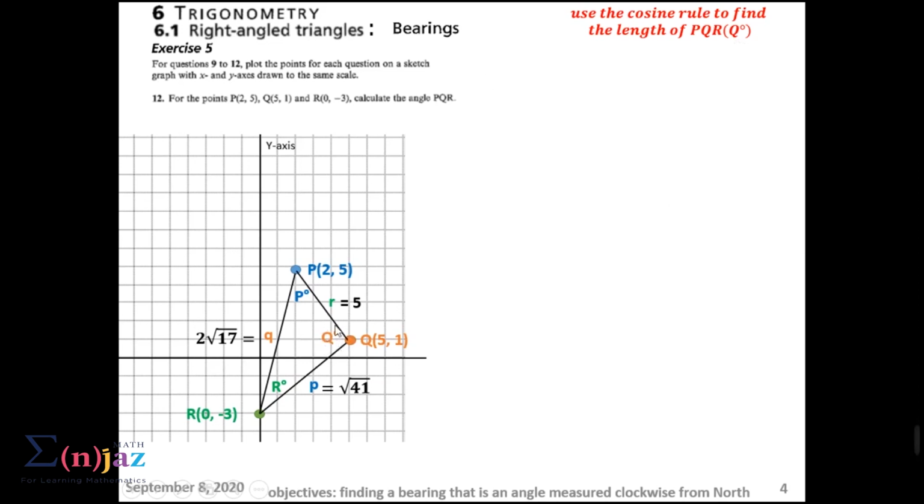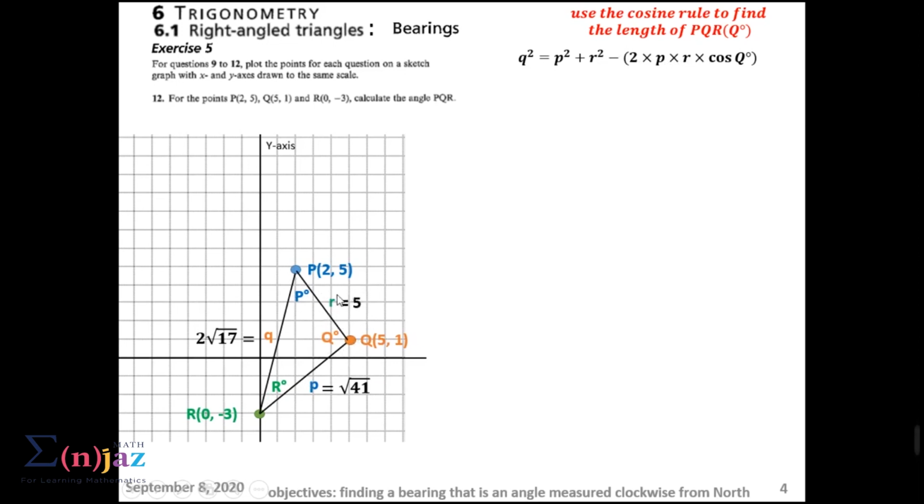Since we're finding Q capital, we're going to start our formula by writing Q squared. We start with the opposite side to Q. So Q squared is equal to P squared plus R squared minus, in brackets, 2 times P times R times cosine of the angle between the two known sides.